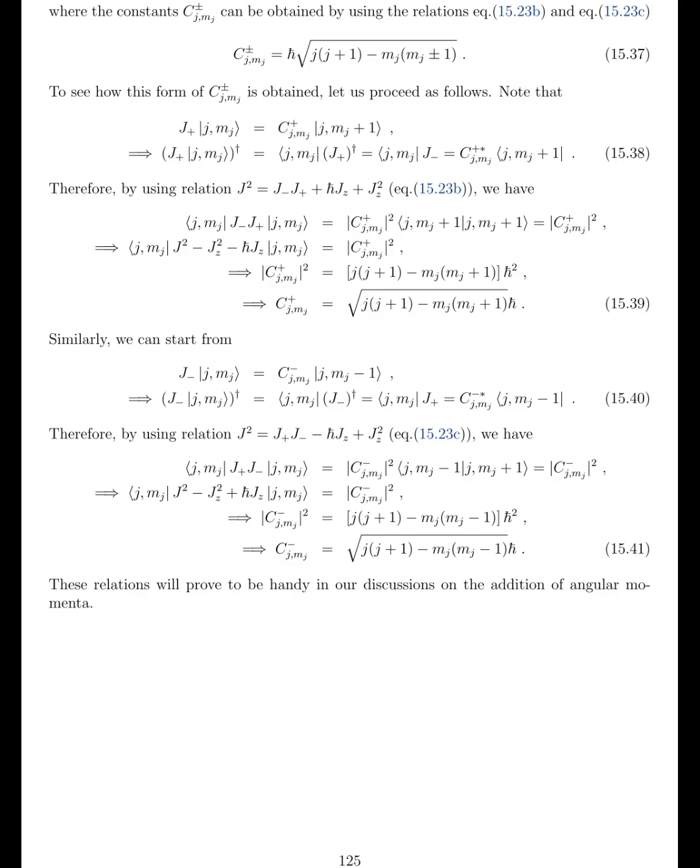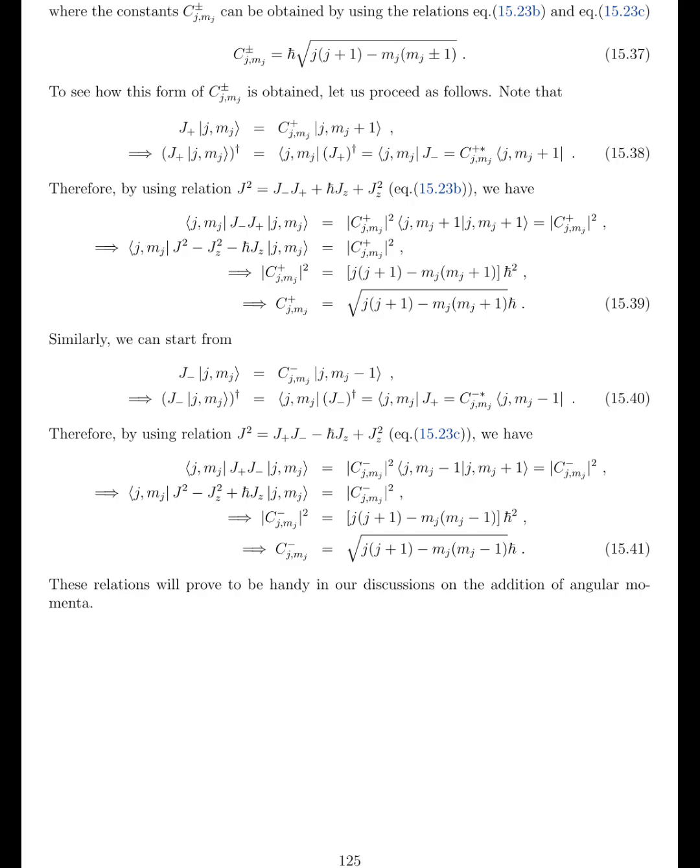This coefficient is just the square root of J into J plus 1 minus Nj into Nj plus 1, times H bar square. Could you explain 15.3? Yeah, sure. Take the relation just above it, which is a definition. J plus acting on that state should give me the next state in the hierarchy with a coefficient. Now take its Hermitian conjugate.